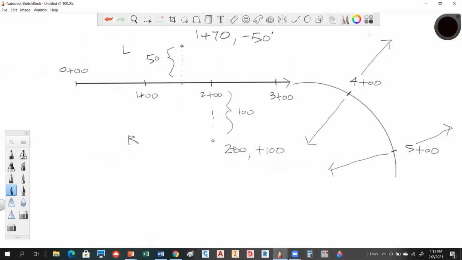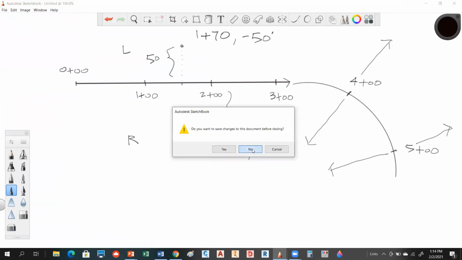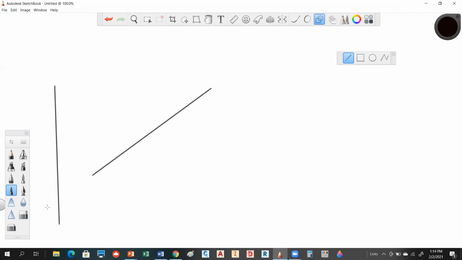Okay, so let's take this guy here. I have a line. Just envision your grid; I'll draw the grid so we can see it.